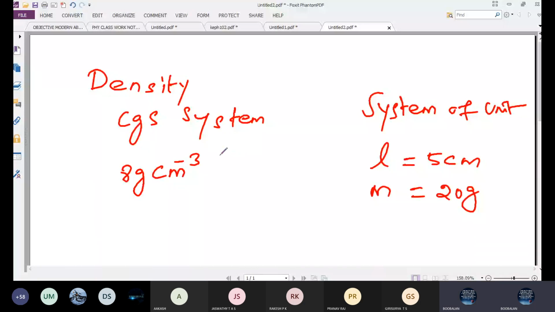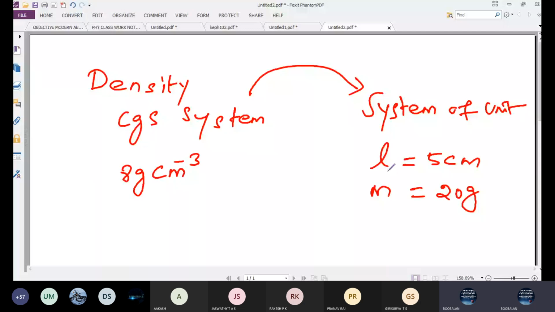So this is the CGS system. So now I am converting the CGS system to one more system that it didn't mention whether it is SI system or not. Simply it is an unknown system of unit. In this system, the length is 5 centimeter, mass 20 gram.